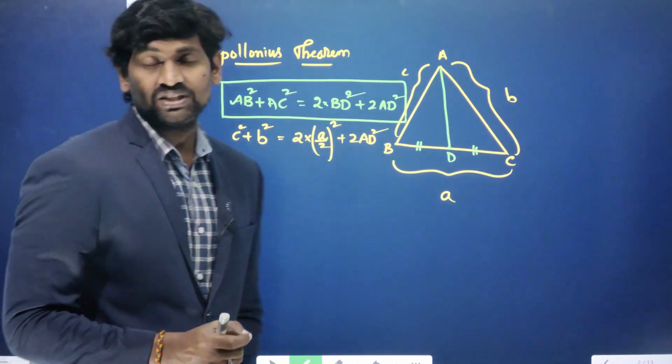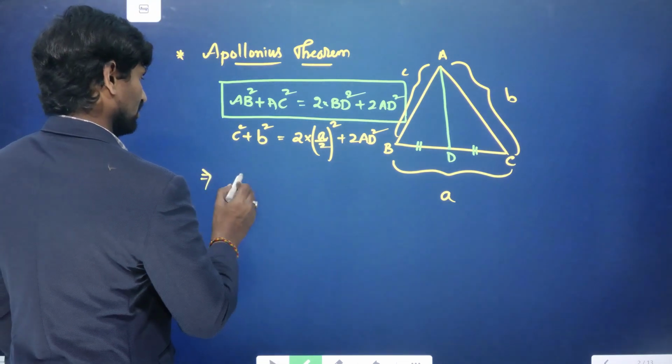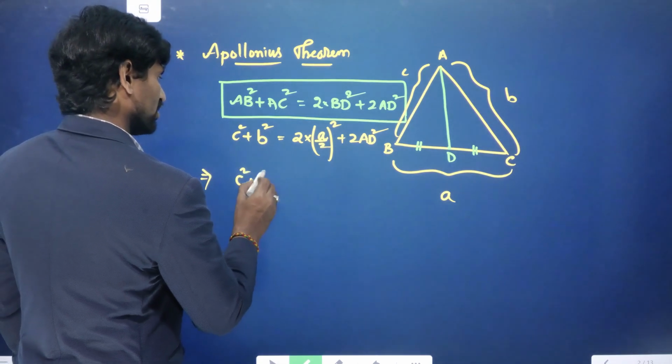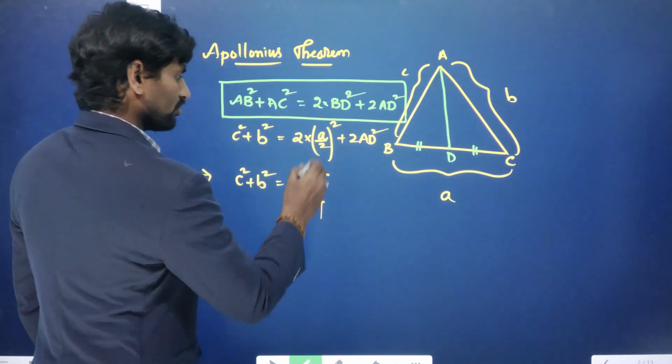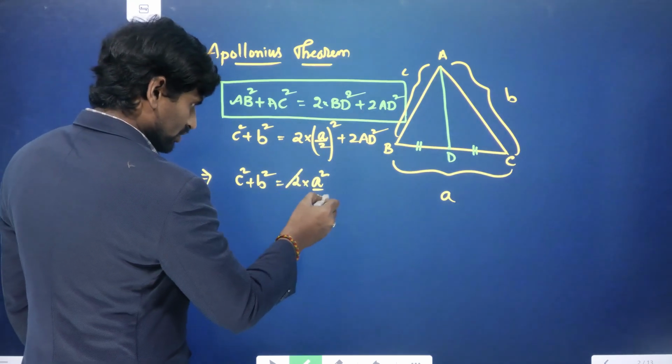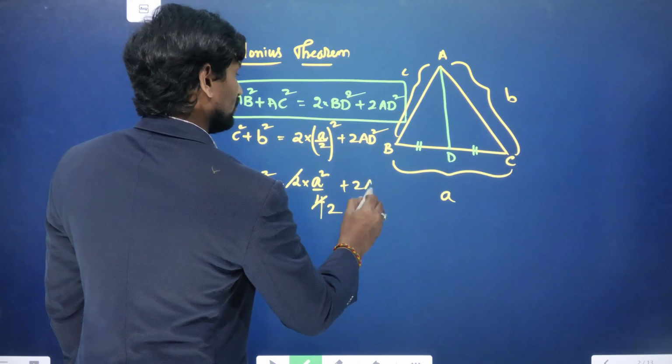AD is nothing but the length of the median. Now C square plus B square equals 2 into A square by 4, plus 2 times AD square.